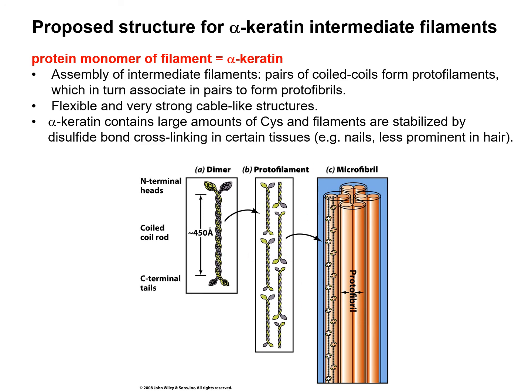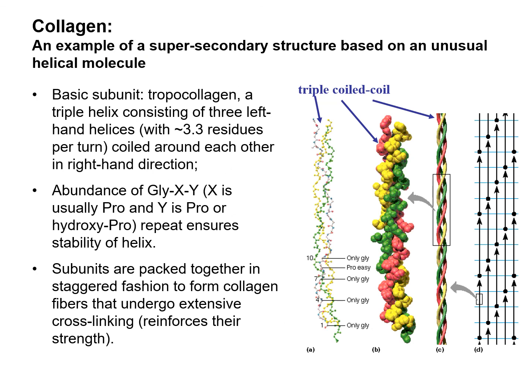And the second example of the fibrous protein structure is collagen. And this is a very interesting example because it uses the left-handed helix instead of the right-handed helix, just like alpha keratin. So its basic subunit is a tropocollagen, as you can see here, just one polypeptide, but a triple helix consisting of 3 left-handed helices.